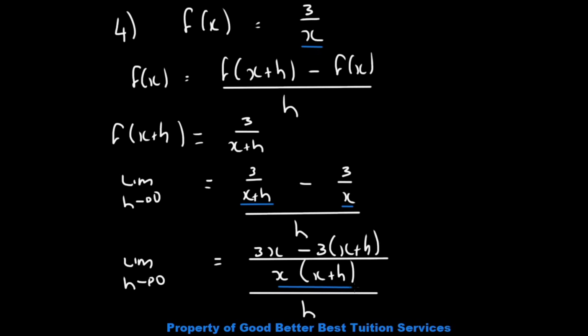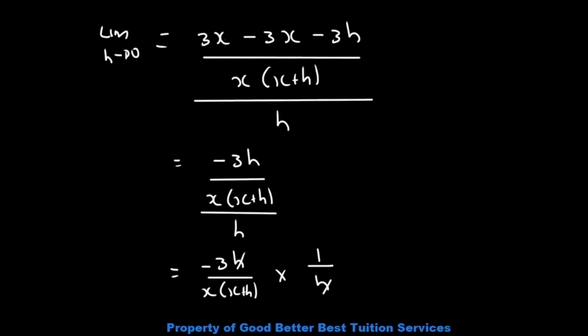So we need to convert 3 over x plus h into a denominator of x times (x plus h). So that will give me 3x minus 3 times (x plus h). And everything still remains over our denominator of h.